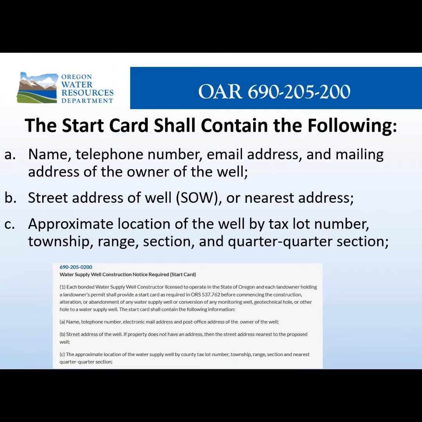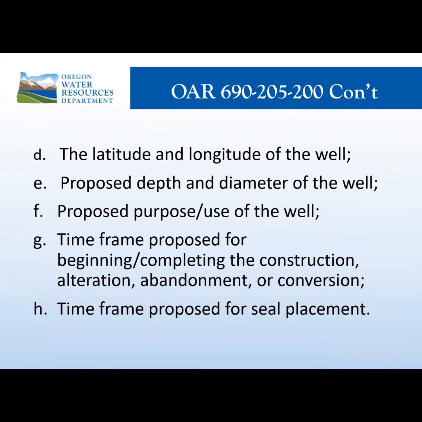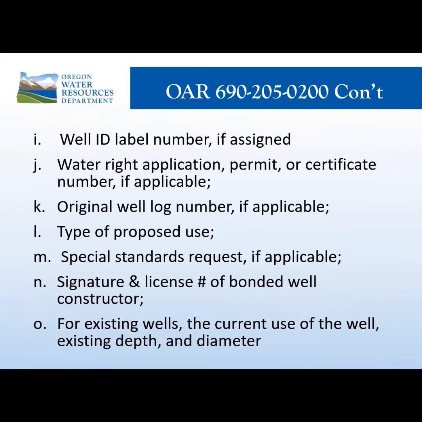The approximate location of the well by tax lot number, township range section, and quarter section. The latitude and longitude of the well, proposed depth and diameter of the well, proposed purpose use of the well, time frame proposed for beginning, completing the construction, alteration, abandonment, or conversion. Time frame proposed for CO placement.